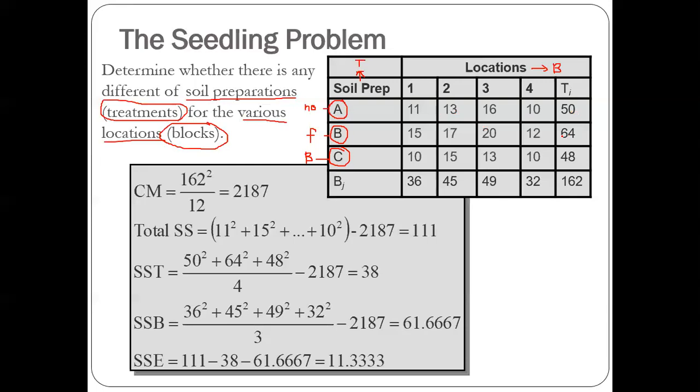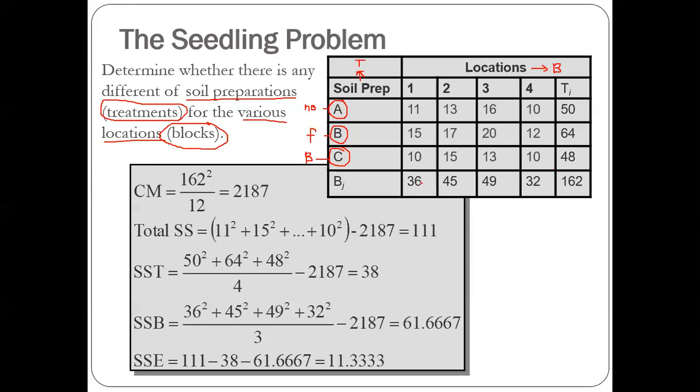And for B, the treatment for 4 locations is 64, and the total treatment for 4 locations for C is 48.